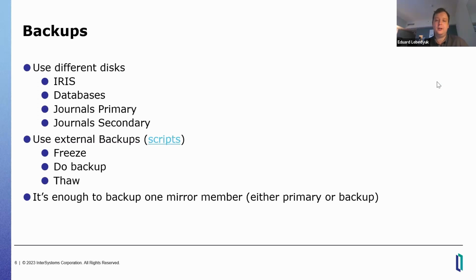There is no reason to back up both mirror members. It will double the cost of your backup solution at minimal additional gain, because usually you want to restore one mirror member with the latest backup, make it primary, and create a new backup from it.